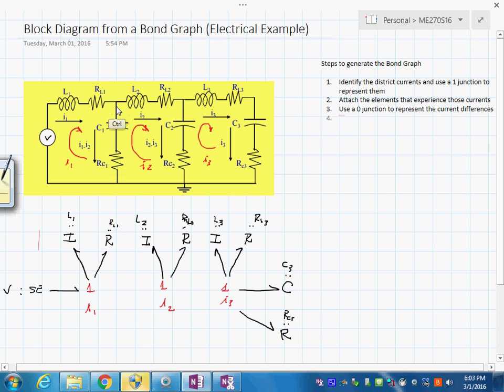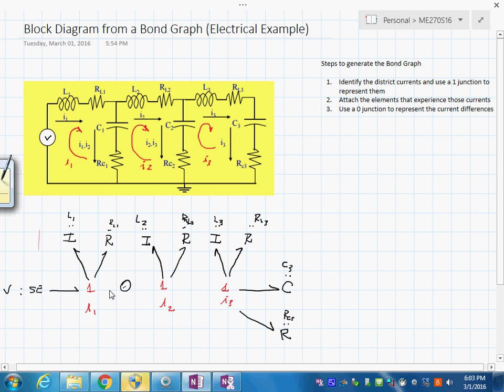So we create a zero junction here that has the difference between I sub 1 and I sub 2, like this: I sub 1 minus I sub 2.